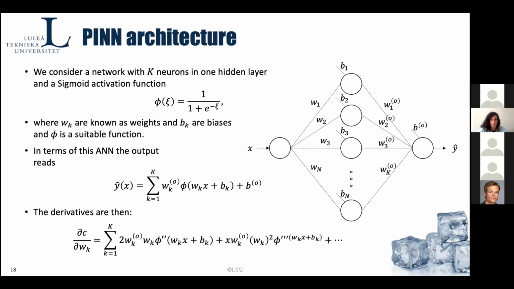We haven't said anything yet about the activation function, but since we know a little bit of the solution of the Reynolds equation, we know it's a boundary value problem, we have boundary conditions, and the solution I will present to you is with zero boundary conditions.